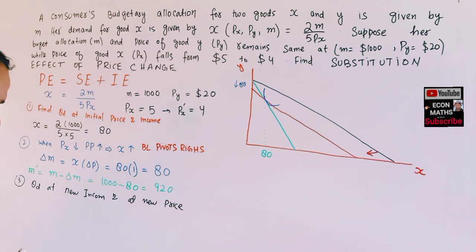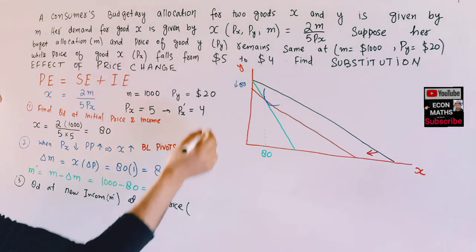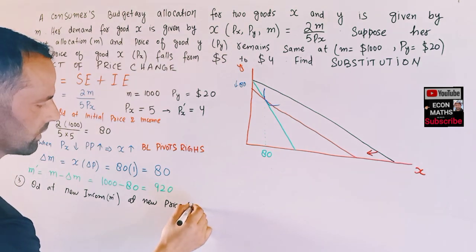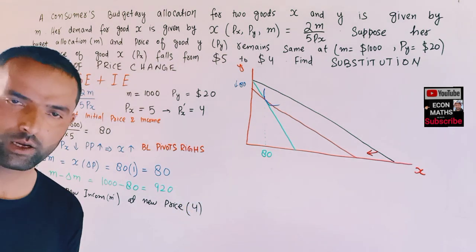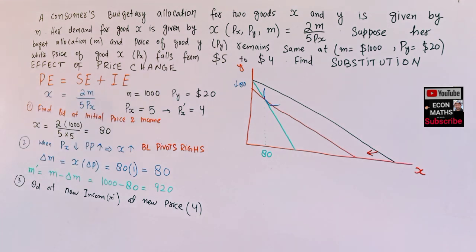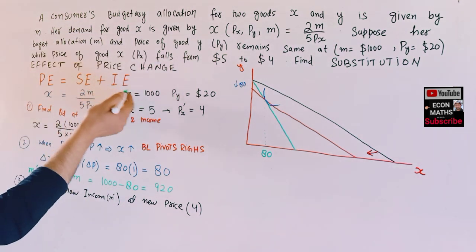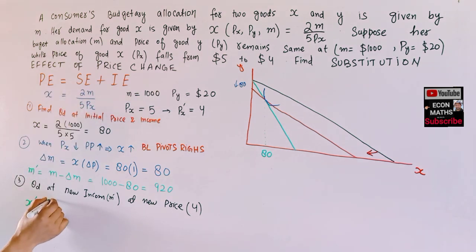What is the new income? The new income is M dash, let me write it here, M dash. And what is the new price? The new price is $4. We need to find out the quantity demanded, and let's denote it by X prime. So X prime denotes the quantity demanded at the new income and at the new price, which will be equal to, since our demand function is, 2 M dash divided by 5 P X prime.